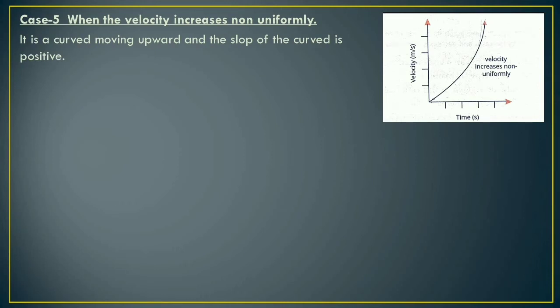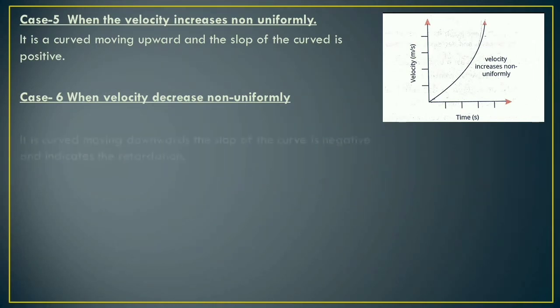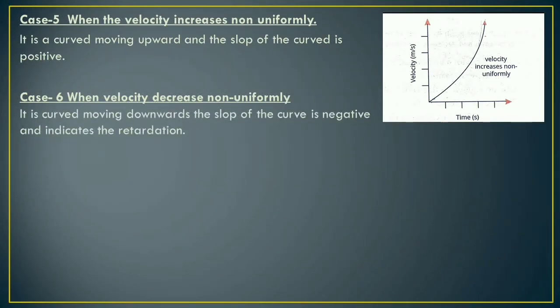Our next case is the velocity time graph for a body when its velocity decreases non-uniformly with time. Here the velocity is decreasing, so automatically some retardation is there. Clear? So the velocity time graph in this case is a curve moving downwards, because the velocity is decreasing. The slope of this curve is negative and increases with time.